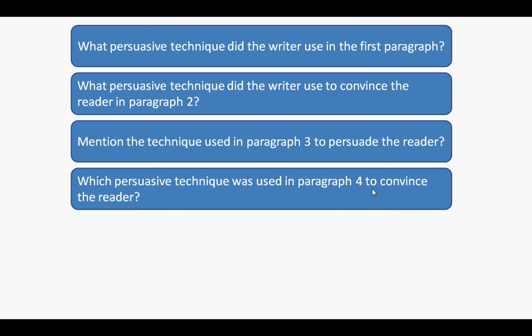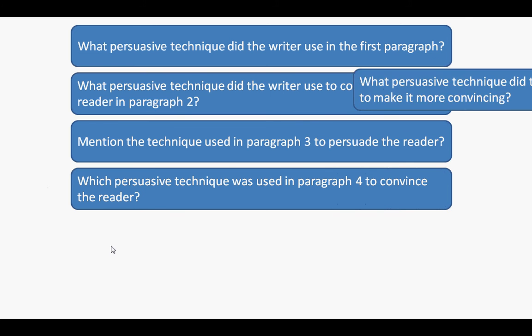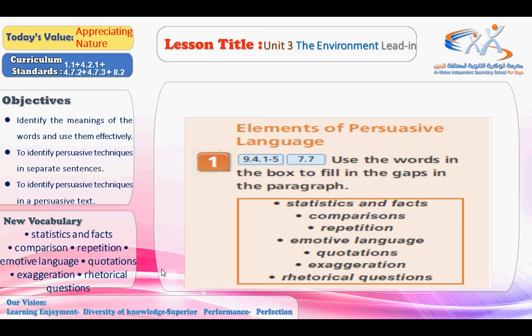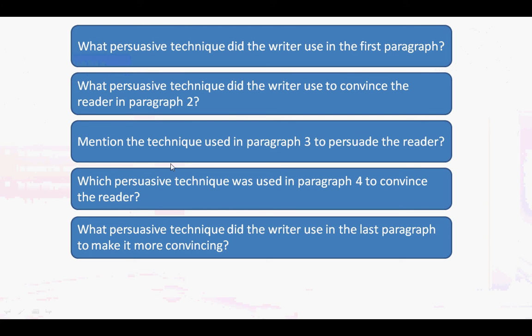Which persuasive technique was used in paragraph 4 to convince the reader? And in this one, he is giving you multiple choice. What persuasive technique did the writer use in the last paragraph to make it more convincing? So these are the different forms of the persuasive techniques.